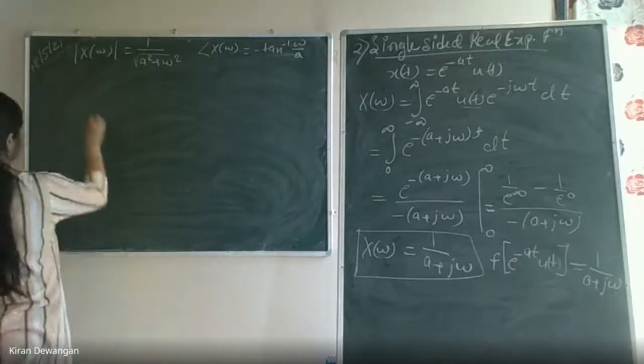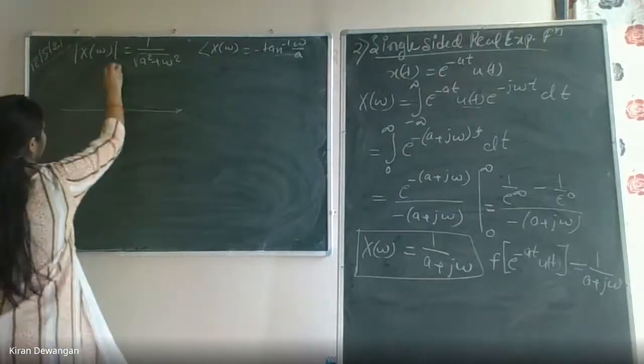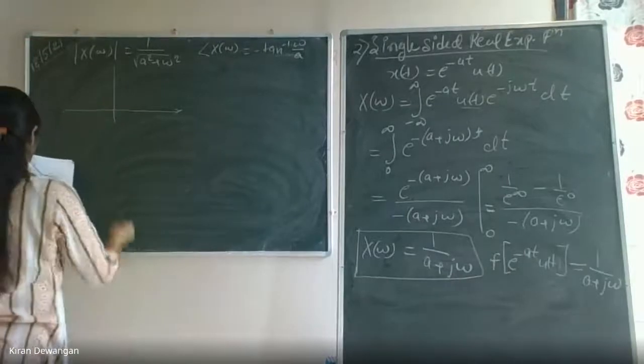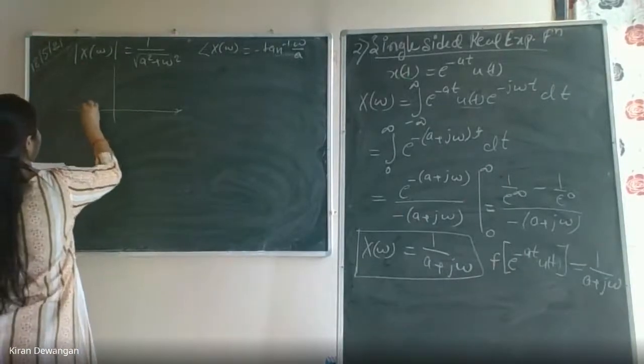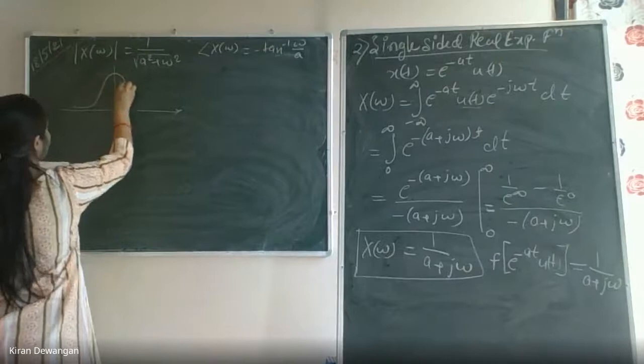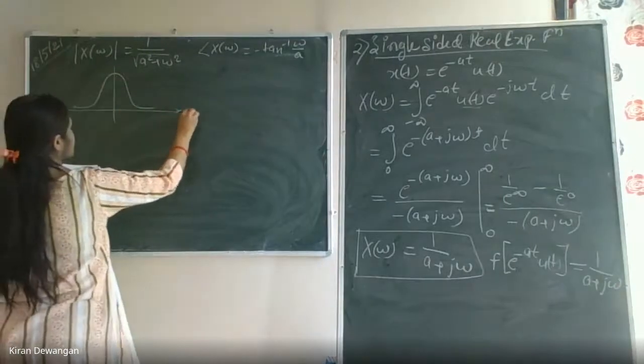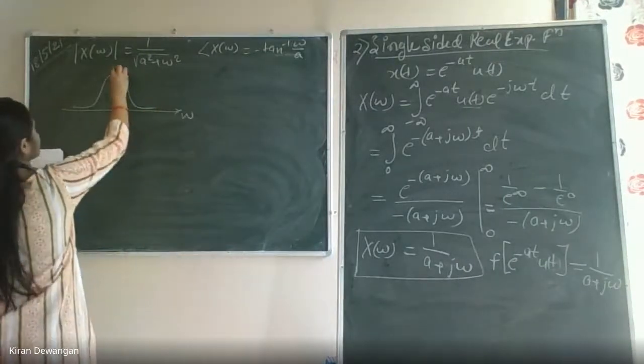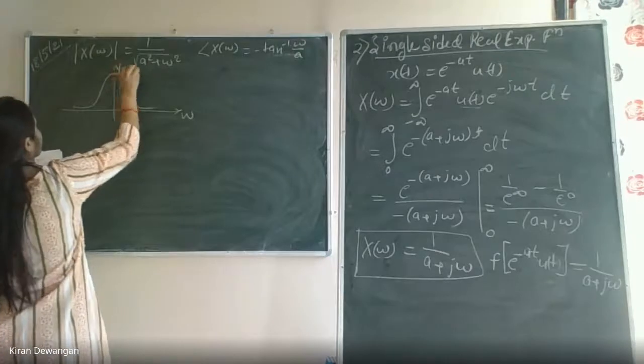In fact, if we plot it, this will be like this: this is omega and this value will be 1 by a.